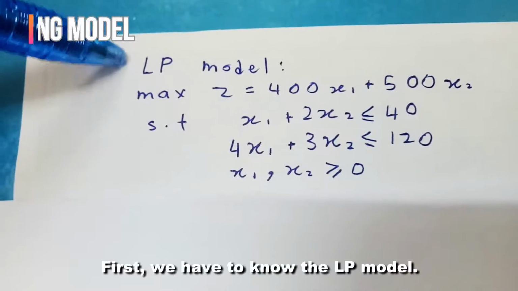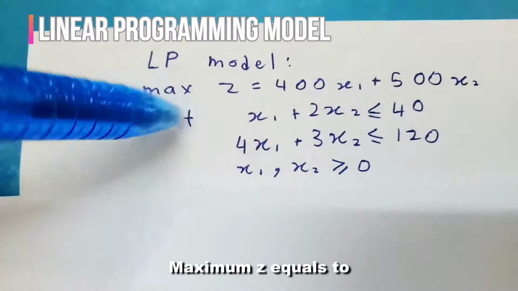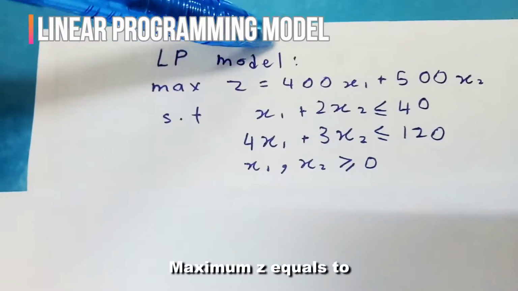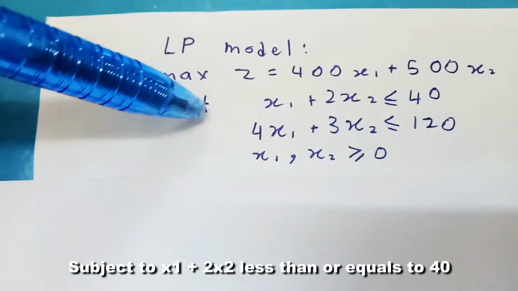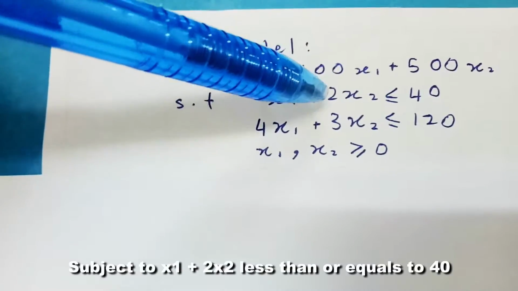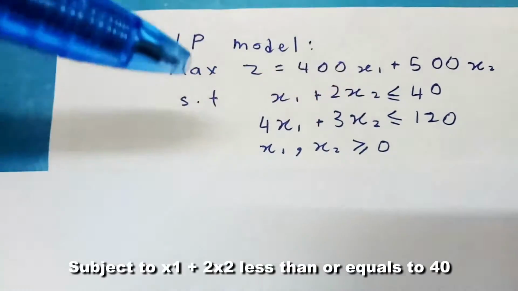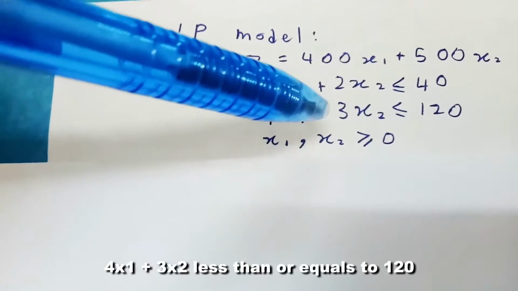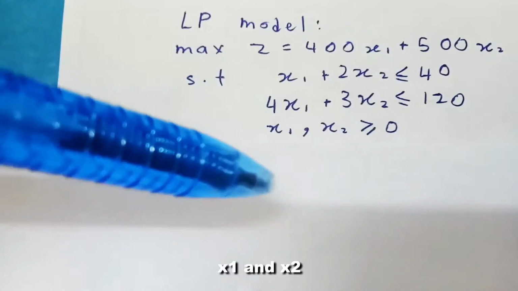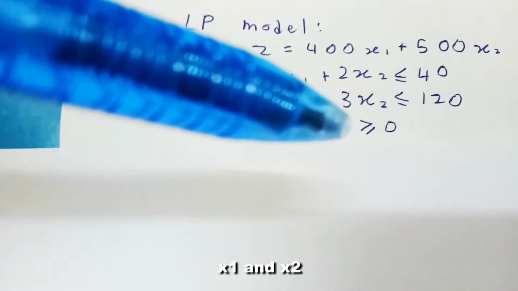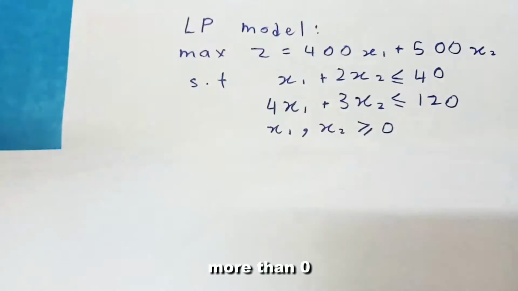This is the graph, and I will tell you how to do it. First, you have to know the LP model. Maximize Z equals 400x1 plus 500x2, subject to x1 plus 2x2 less than or equal to 40, 4x1 plus 3x2 less than or equal to 120, x1 and x2 more than 0.